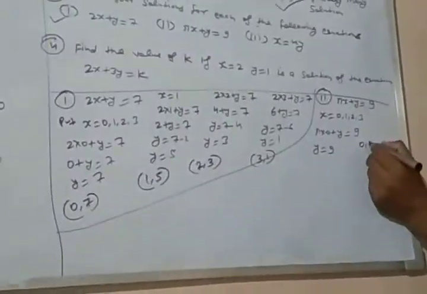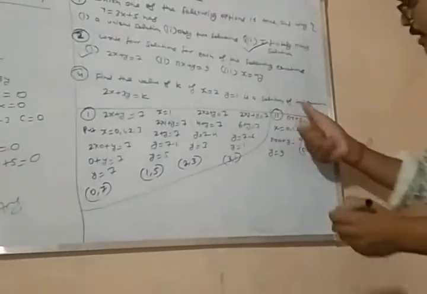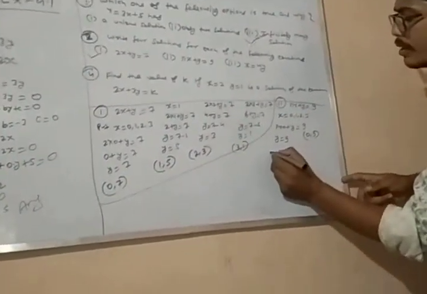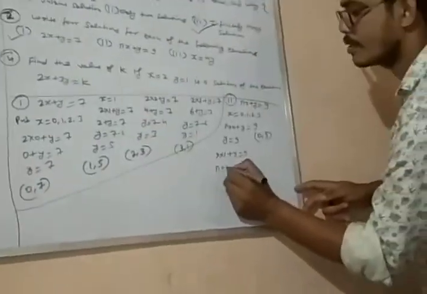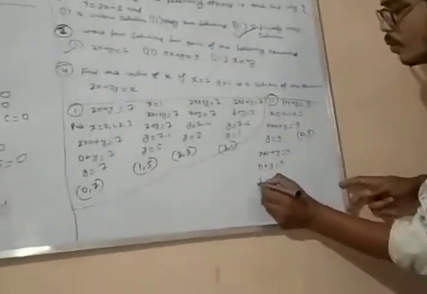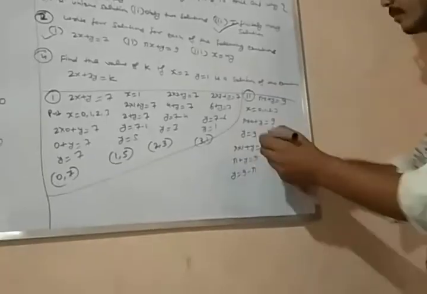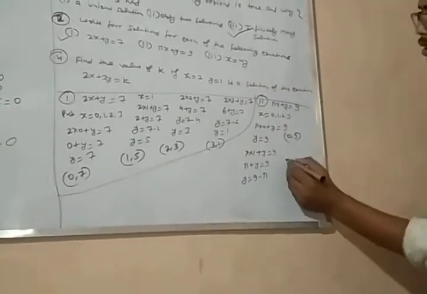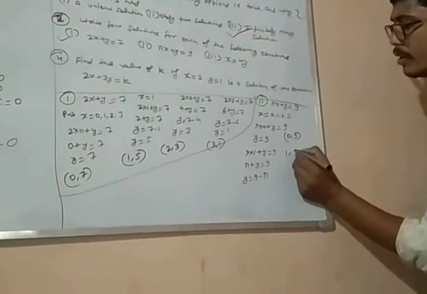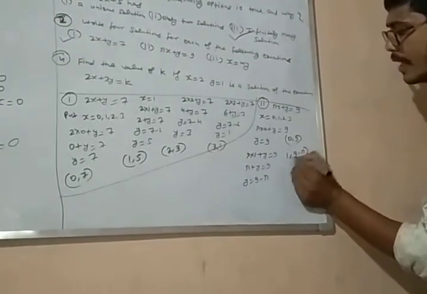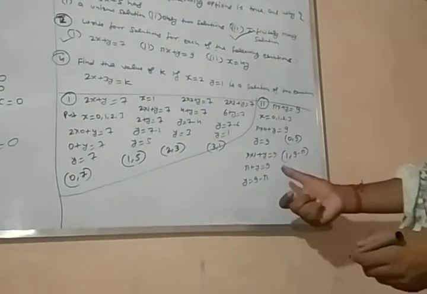First solution 0, 9. Second, pi into 1 plus y is equal to 9. pi plus y is equal to 9. y is equal to 9 minus pi. So 1, 9 minus pi.